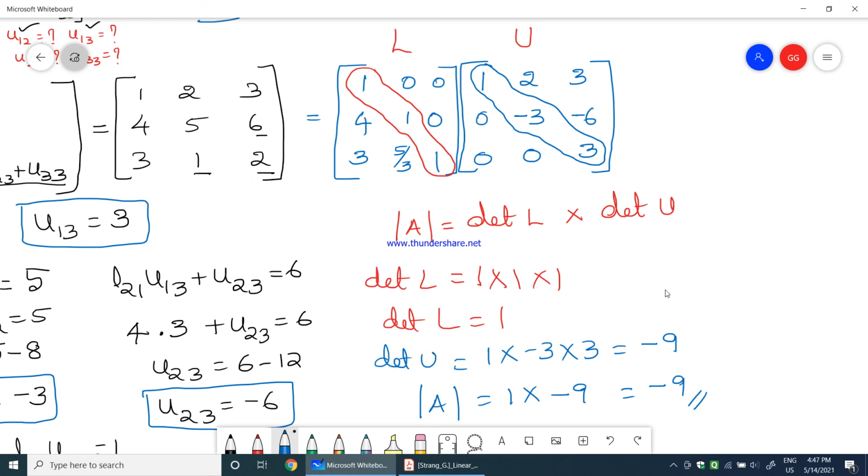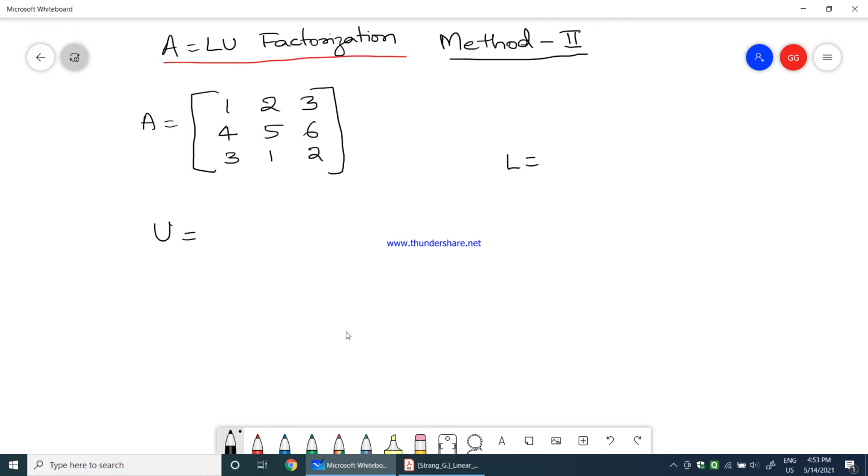How do you do LU factorization, and how do you find the determinant of the matrix after getting the lower triangular and upper triangular matrices? Let us look at the same LU factorization in terms of the second method.